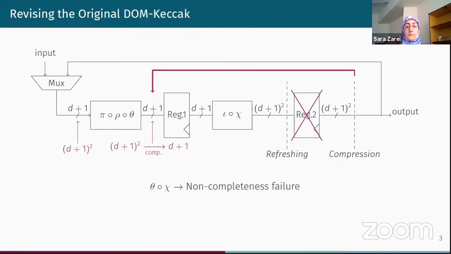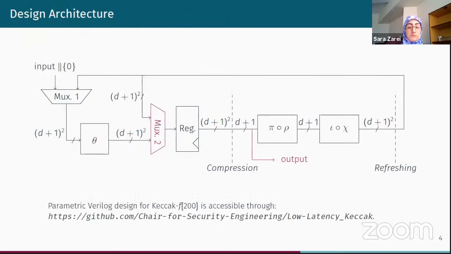In fact, we have proposed an algorithm that can straightforwardly explain how this alignment can be applied in any arbitrary order. And this is the final version of our round function, which makes use of another multiplexer identified as mux2 to take the outputs of the last round directly from the compression layer, which turns their number back to D+1.